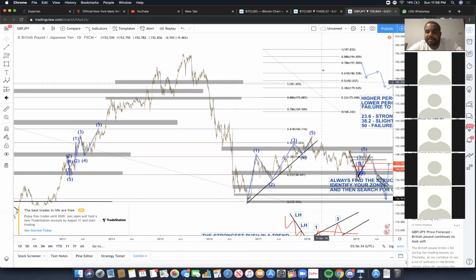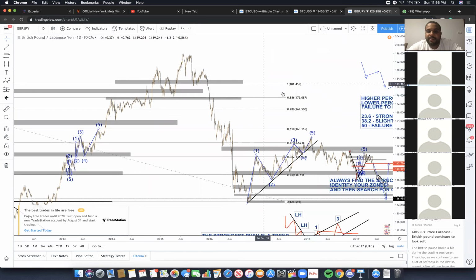So here it is. The market faked out of the 100, right? It broke above, couldn't hold that price. Broke below. Look how slowly she started retracing back down.